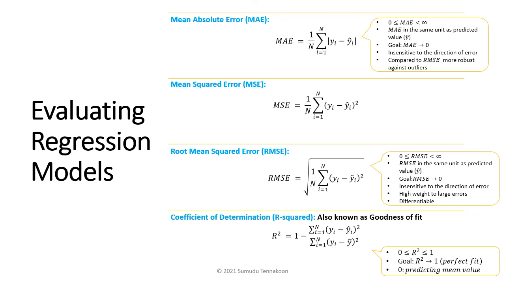If the value is 0, you are predicting just the mean value of your data set, so you are not doing anything better than that. All right, I hope you are clear on these four different metrics you can use to evaluate regression models, and that you can use these techniques in your exercises or any other machine learning application you do in the future.